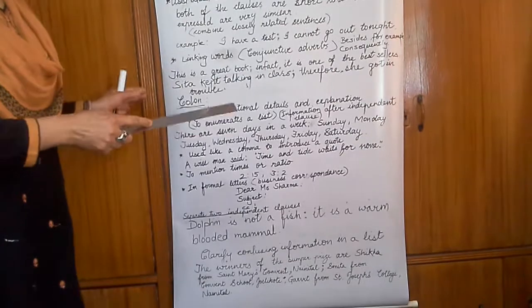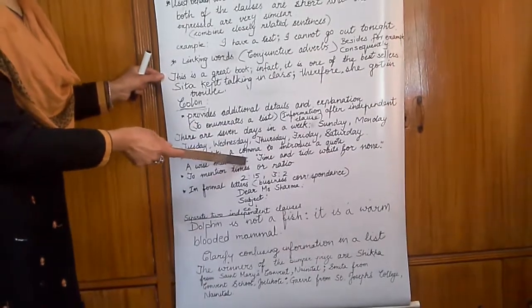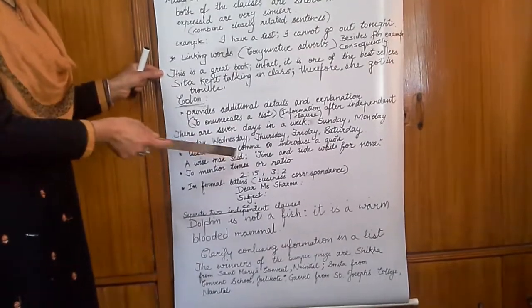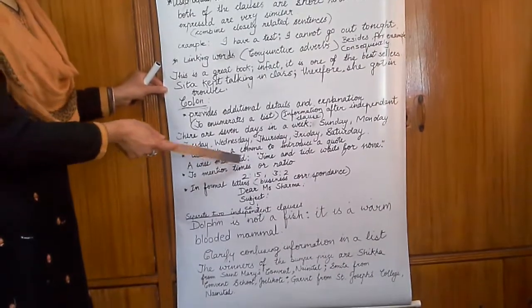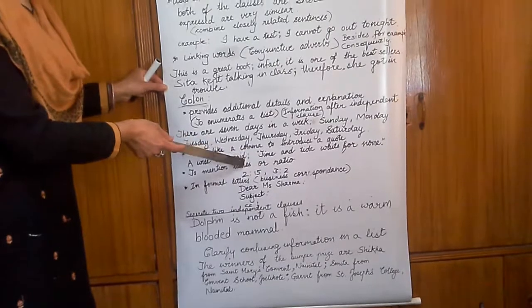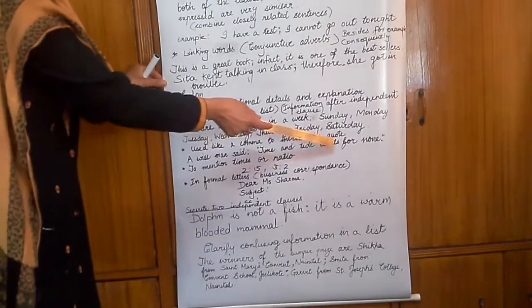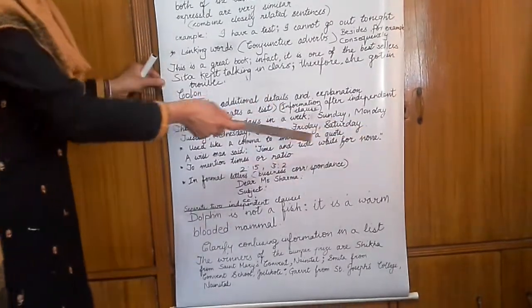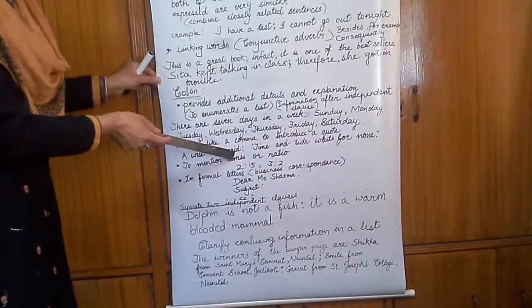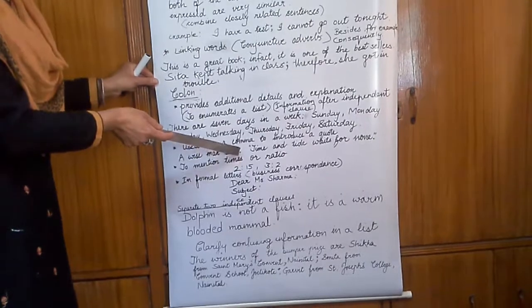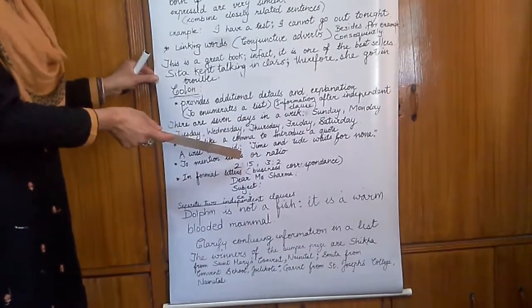But you can also use a colon in place of this comma. Like here, I am reading out this example to you. A wise man said, then a colon, "Time and tide waits for none." And then you've closed the sentence. So here, immediately after "said," you can put a colon in place of a comma.